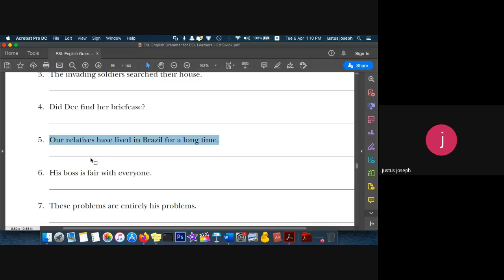You're looking for the possessive pronoun, right? I hope all of you are looking for the possessive pronoun. Where is it? Ours. Yes. Then we'll remove this word. Ours have lived in Brazil for a long time. The sentence does not make sense, but we are just trying to learn the possessive form.